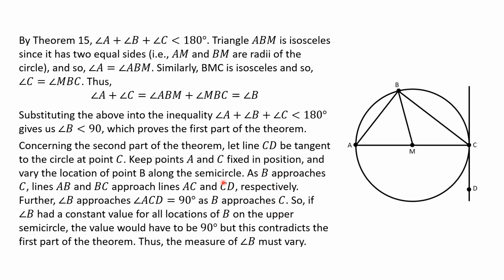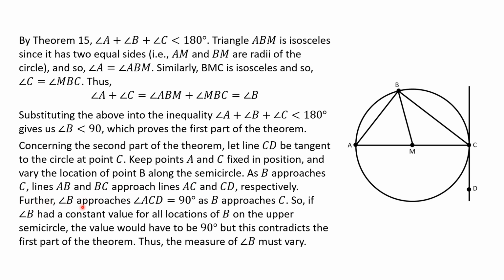So as B approaches C, as we move B along here and we approach C, the line AB approaches AC, so this line here becomes closer to this line AC, and the line BC, this one here, approaches the line CD, respectively, the way I've written it here.